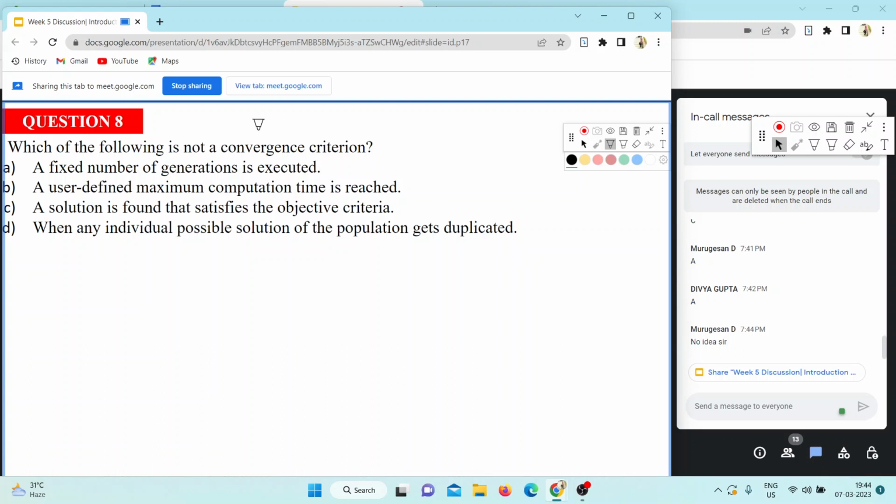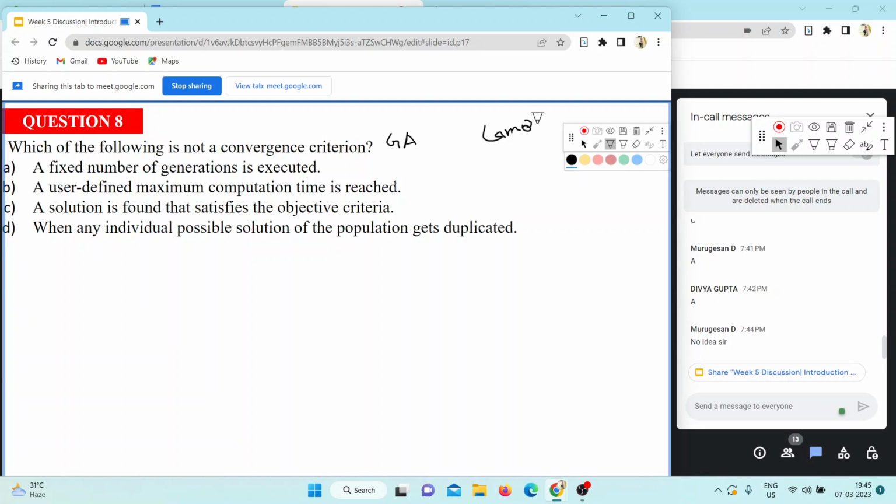So see, this asks for the convergence criteria for GA, and GA is converged if you reach a maximum number of generations. Last day when I gave you the graph, there it was written something, G max. I have shown you a flow chart in the theory.